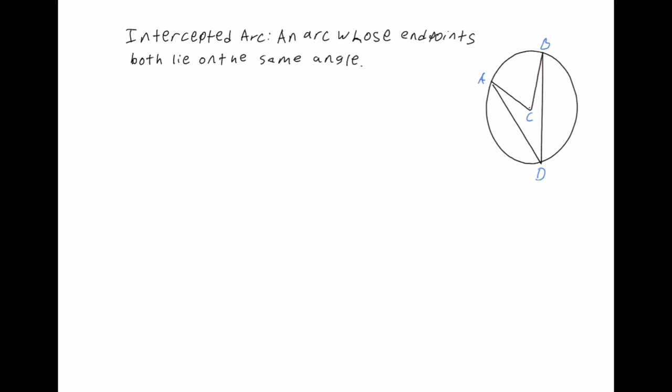That means AB is the intercepted arc of angle ACB. And in this picture, it also shows that AB is the intercepted arc of ADB. So notice that ACB and ADB have the same intercepted arc.